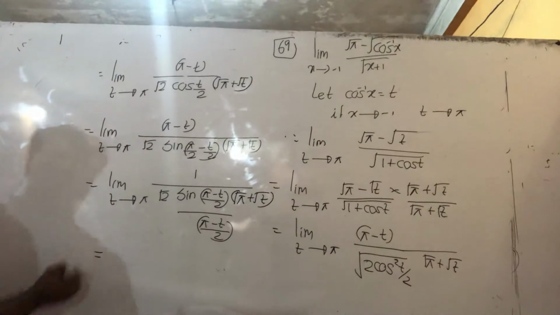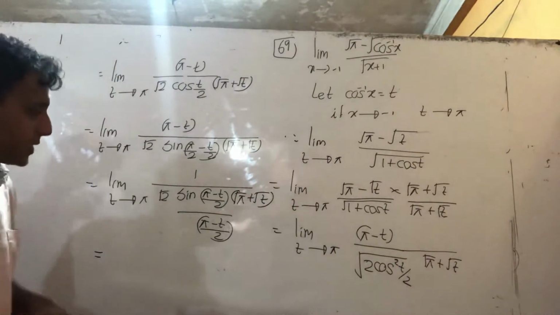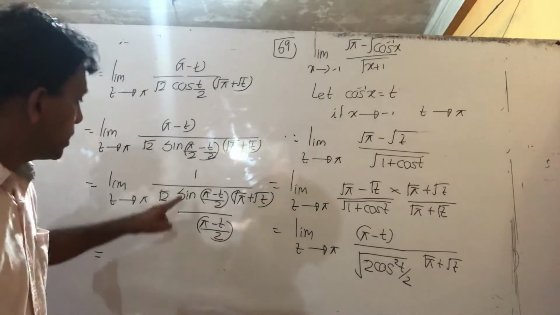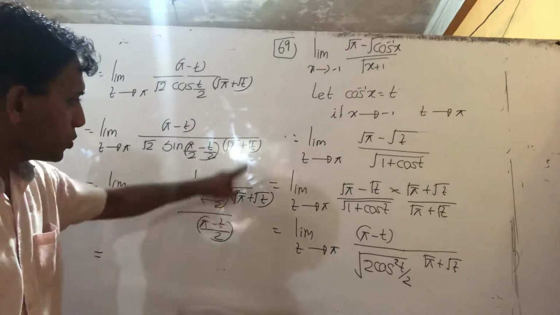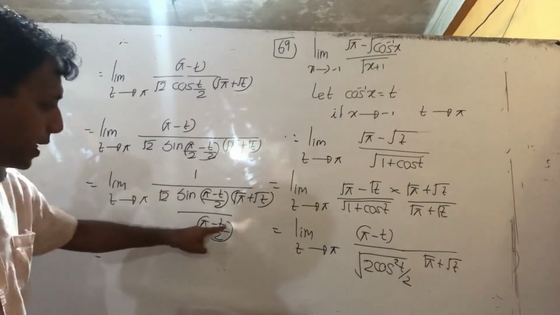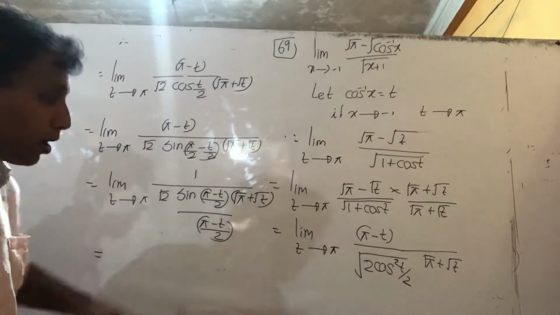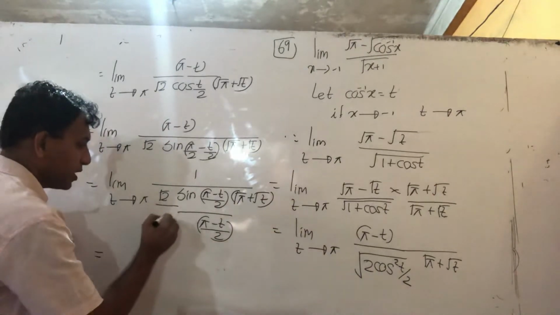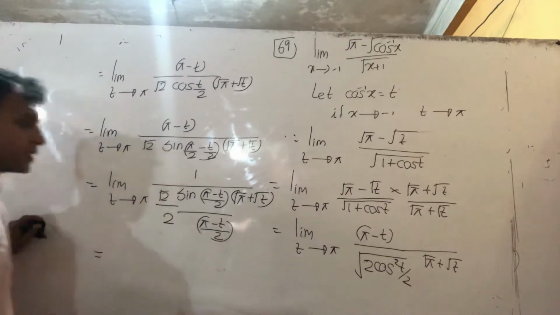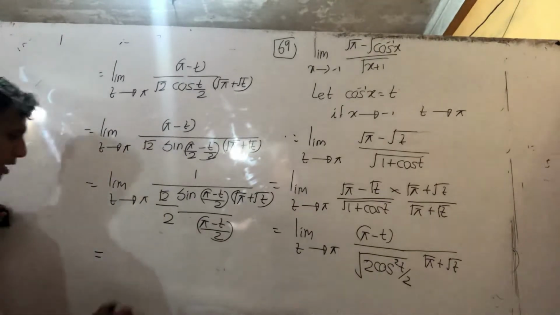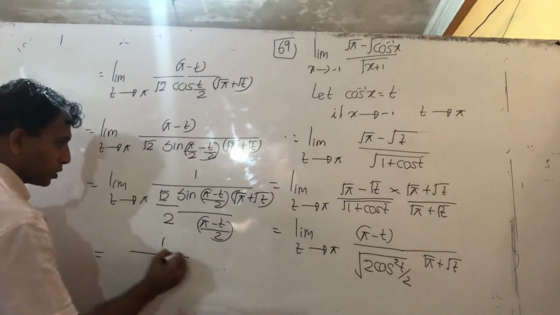Now see that form. Check any other additional part. This is okay, this is okay. Root 2 available, pi minus t is okay. This 2 is an additional part. Therefore, I multiply here by 2, and the 2 cancels.